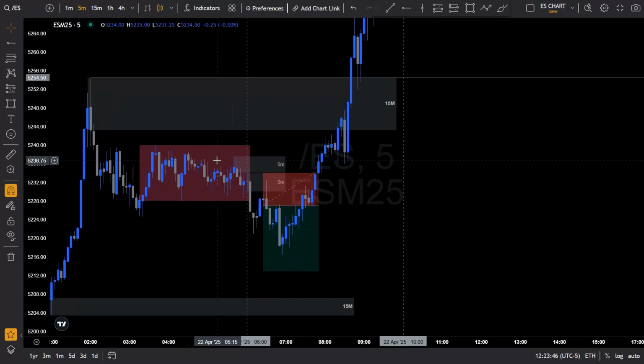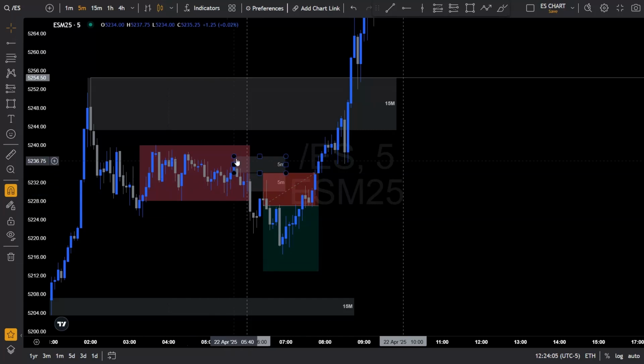I was looking for price, like it did here, to break below and retest this supply zone, or I was looking for it to break above, test this 15 minute supply zone, and then test this 15-minute demand zone if it didn't break below.